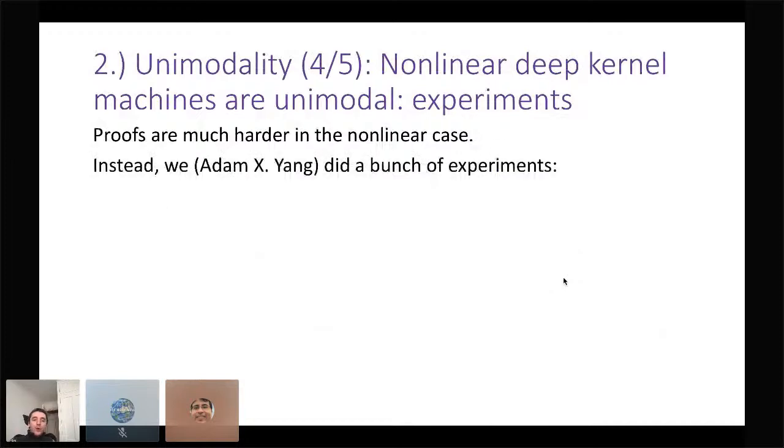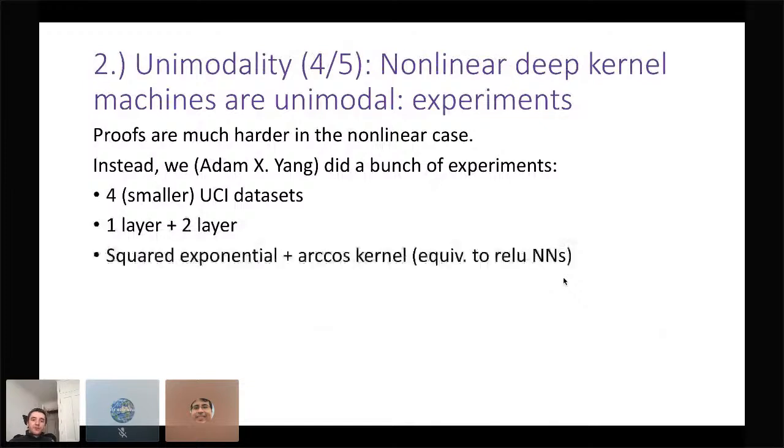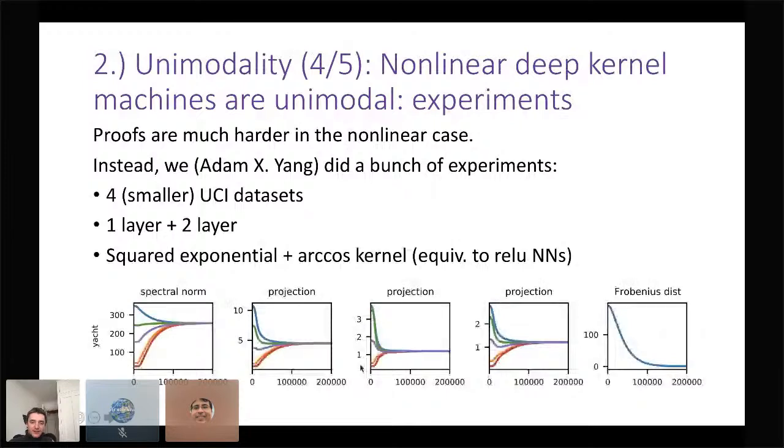Instead, my PhD student Adam did a bunch of experiments. He took all of the smaller UCI data sets, he considered 1- and 2-layer networks, he considered 2 different types of kernels, and he ran it for absurd numbers of gradient steps on the full data set, by the way, so this is 200,000 epochs. And he basically found that it always converged to the exact same answer.